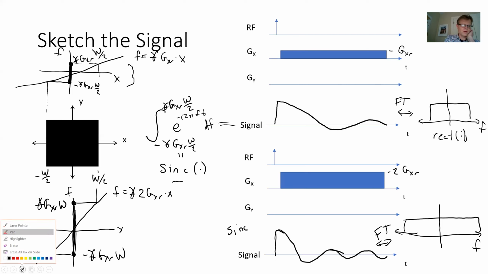And what this corresponds to is this wide range of frequencies that we encoded into our object with our frequency encoding gradient.